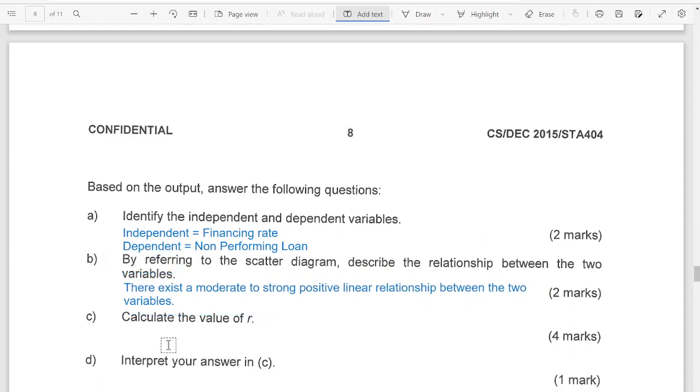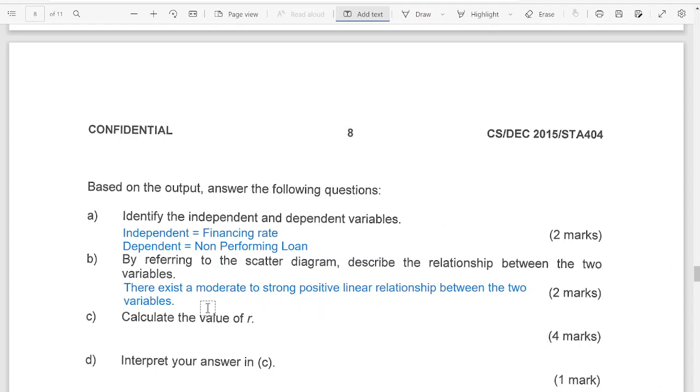And then kat sini dia maklum kat sini, so calculate the value of R. So you can see here, okay, this is an indicator. So you boleh tengok, so dia katakan calculate the value of R, and you see that the marks here is 4. Of course, you can get the value of R directly from the R squared value.